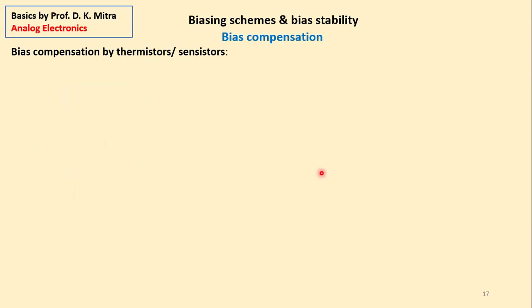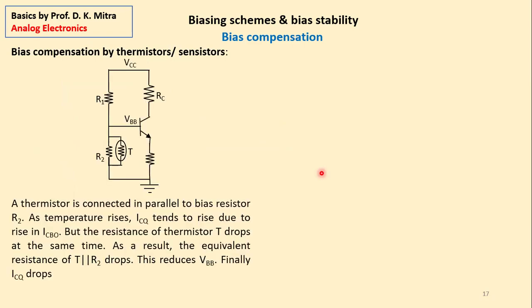Thermistors are simple resistors whose resistance decreases with temperature, and sensistors are those resistors whose resistance increases with temperature, right? A very simple technique. A thermistor is connected here. How does it work? As temperature rises, ICQ, this current, tends to rise due to rise in ICBO, right?